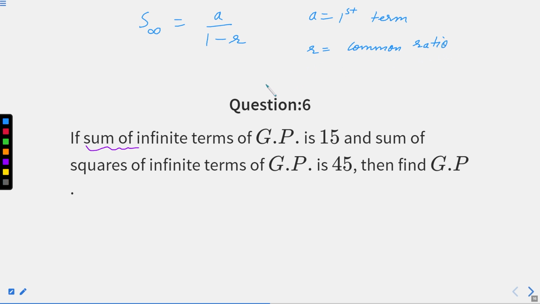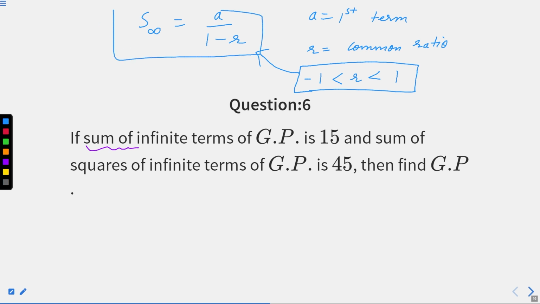Remember one thing: R must be strictly less than 1 and strictly greater than minus 1. Only then do we use this formula. It is given by default in the question that R follows this.